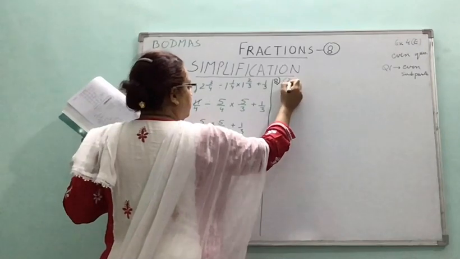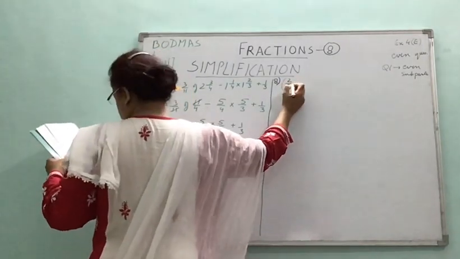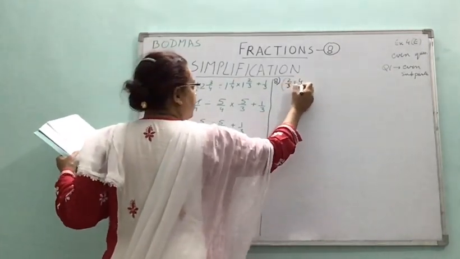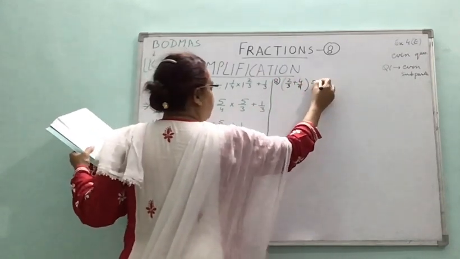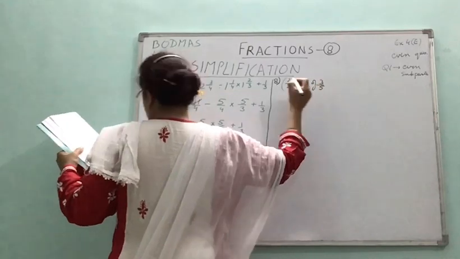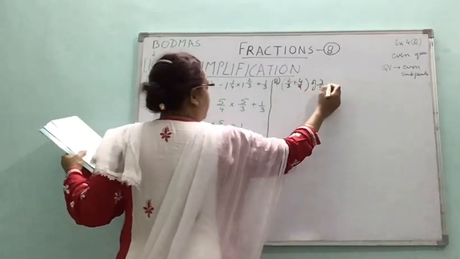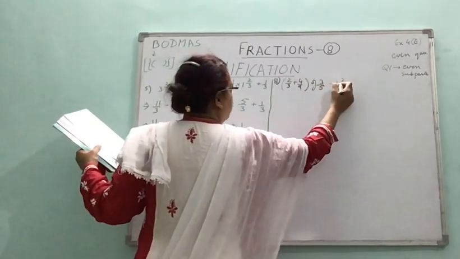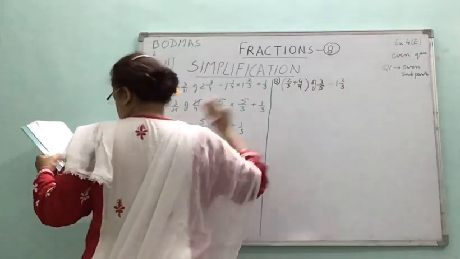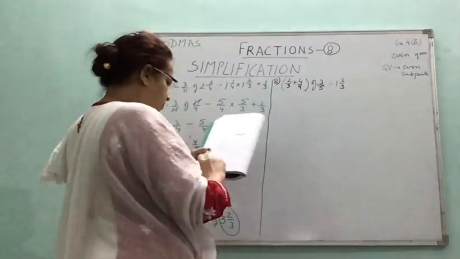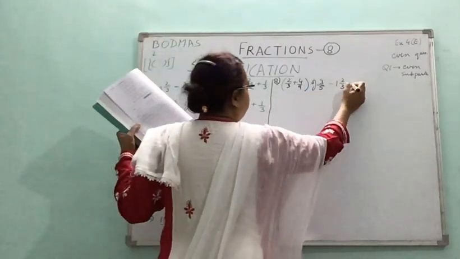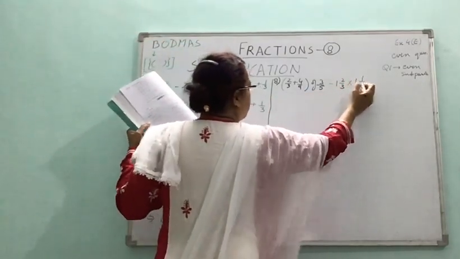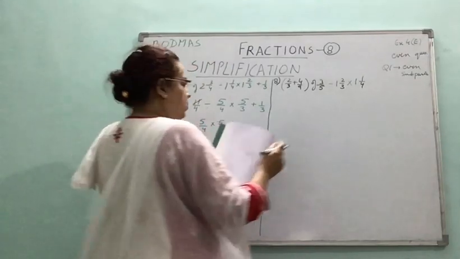So 2 by 3 plus 4 by 9 of 3 by 5 divided by 1 whole 2 by 3 into 1 whole 1 by 4 minus 1 by 3.